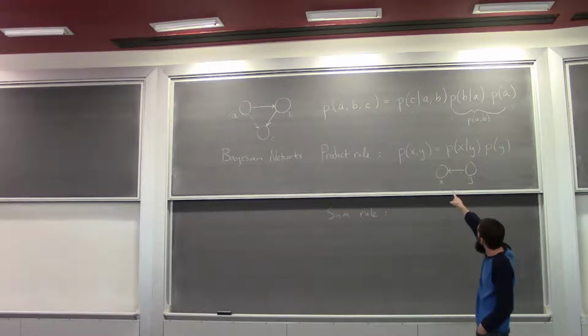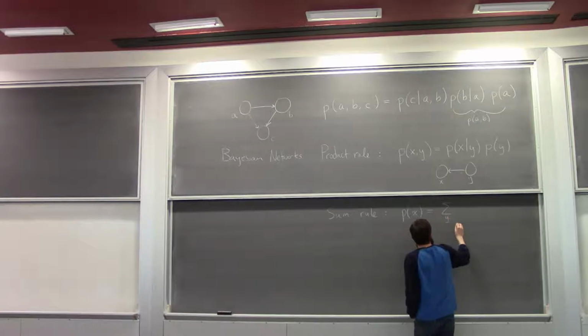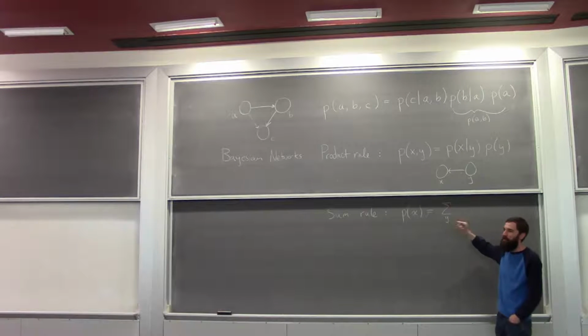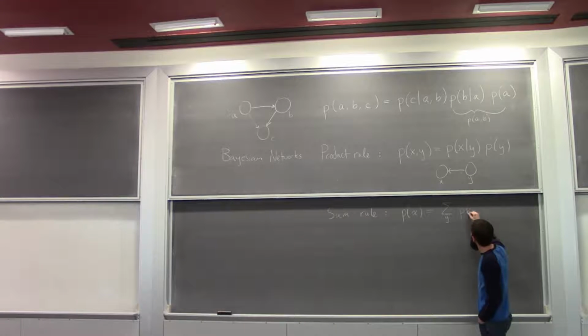So if I have this p of xy graphical model here, the sum rule says that if you want p of x, you have to sum over all the possible y outcomes. And again, I'm using this kind of shorthand that just means sum over all the possible y's. That could be a finite or infinite sum, whatever.